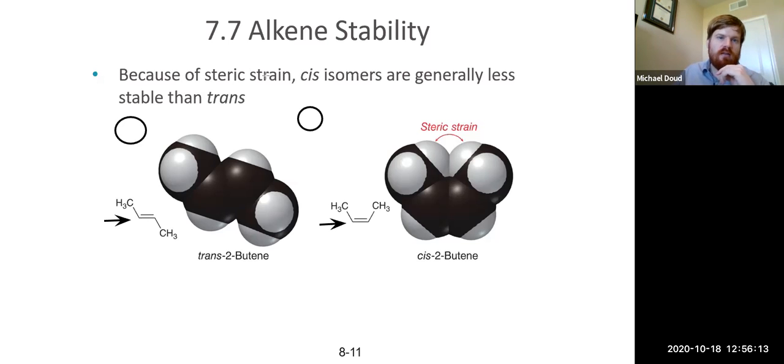So let's go ahead and draw it out here. So this one, the front carbon, CH3 up, like that. And then down, if we draw it out here, we're actually getting straight down. That's the hydrogen down here. Now we not only have that, we also have the back carbon here. So the back carbon has a hydrogen up here.